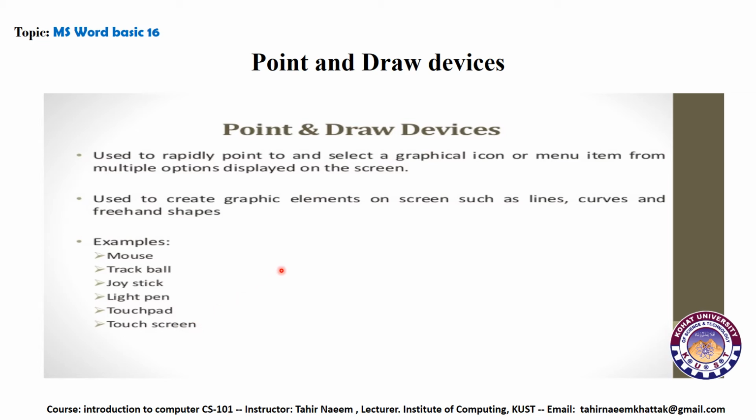As you can see, on your smartphone you enter the data by clicking on the icons with the help of your hand. So basically these are the point and draw devices used for input methods.